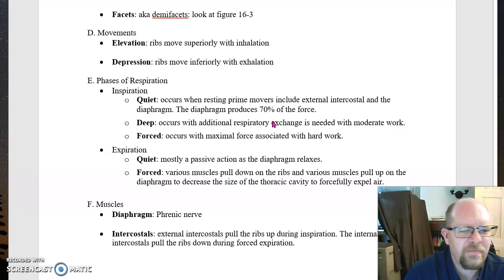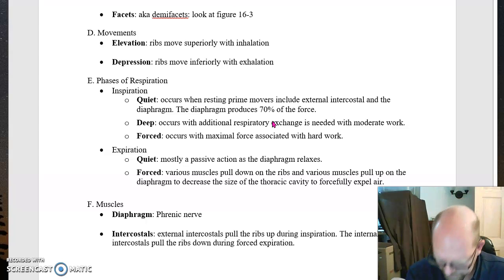Forced expiration, various muscles, don't get into which ones, that's beyond the scope of this class, pull down on the ribs. The exception to that would be the internal costals. Make sure you take a look at those.